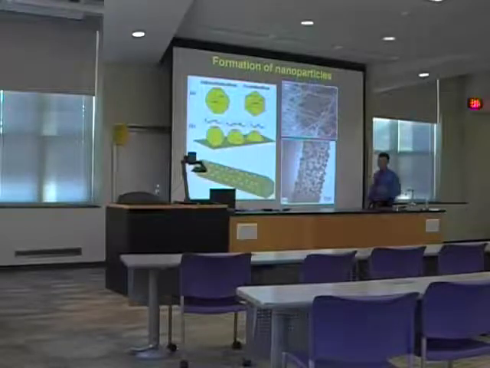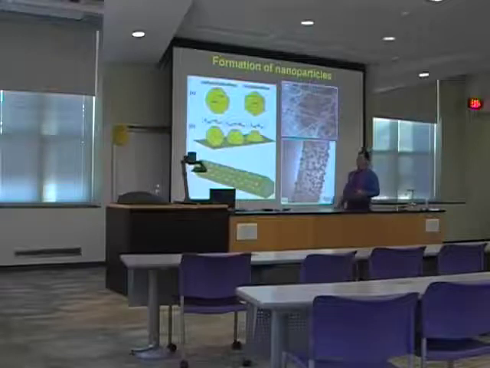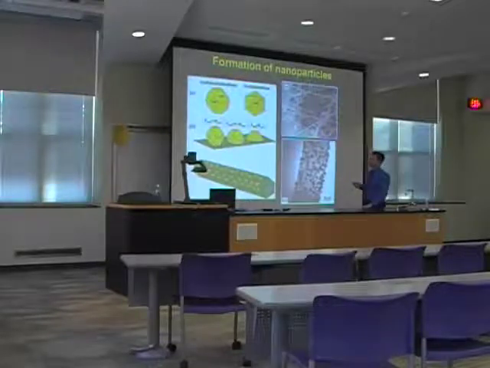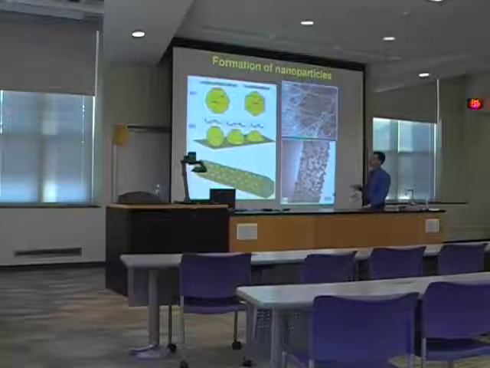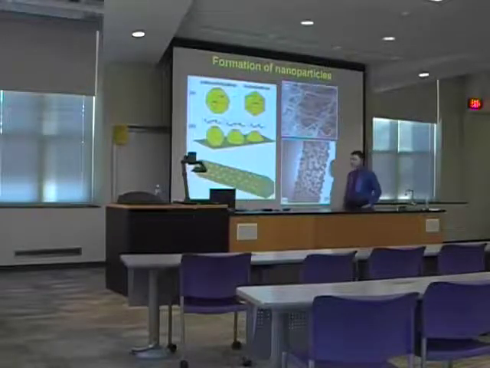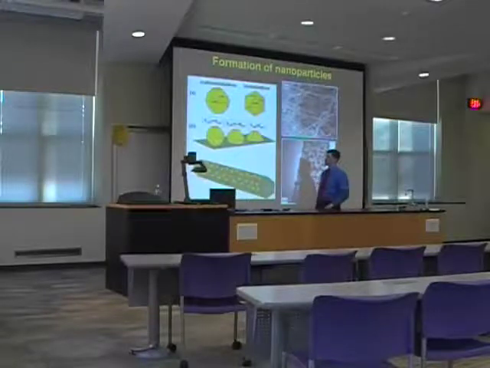Again, since it's a hot environment, you have lots of gold atoms available. They grow in the form of cuboctahedrons. This is a single cuboctahedron crystal, and I marked the standard surfaces in terms of crystal directions, 100 and 111.